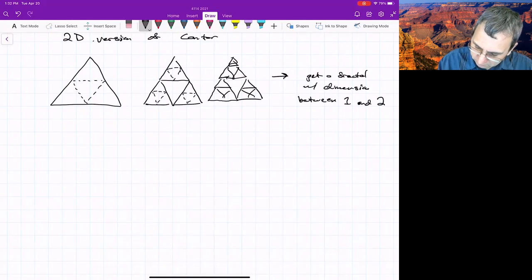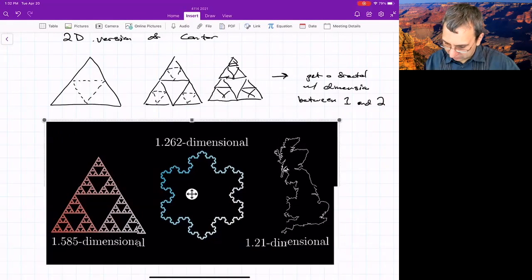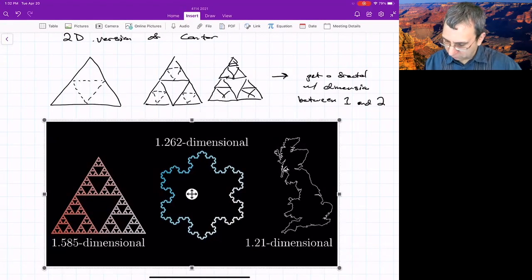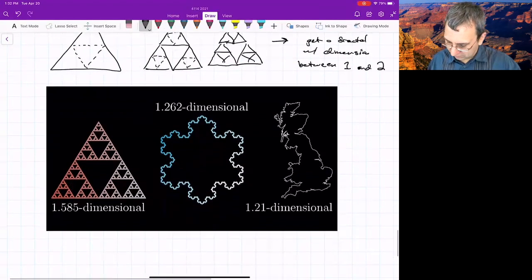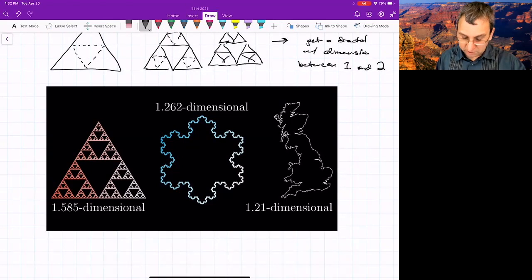All of those you can compute with the box counting dimension. For the Koch curve, we had actually calculated it analytically, and taken to its infinite limit, you get something that's 1.585 dimensional. The coastline of Britain, people have computed this using box counting, and you get something like 1.2.